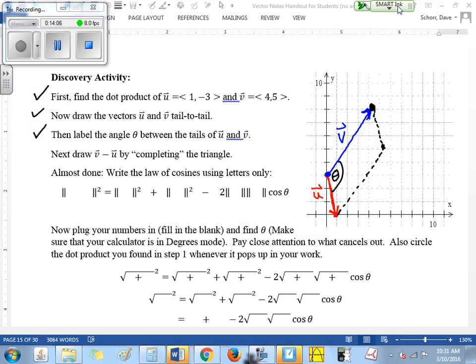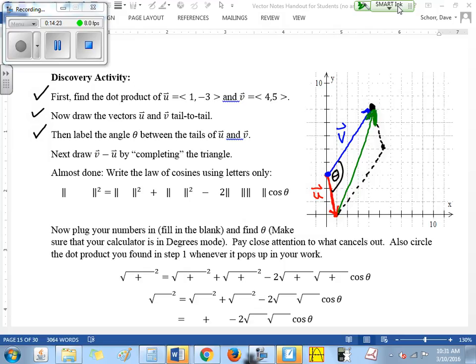See the blue and red? Draw one more segment to make a triangle. Aim it at v. So aim it upwards at v, and it's called v minus u. So like this. That's a quick and easy way to graph v minus u.